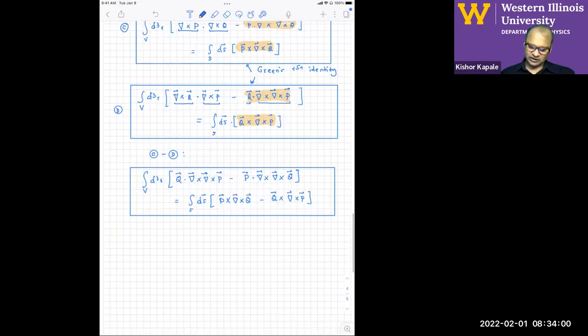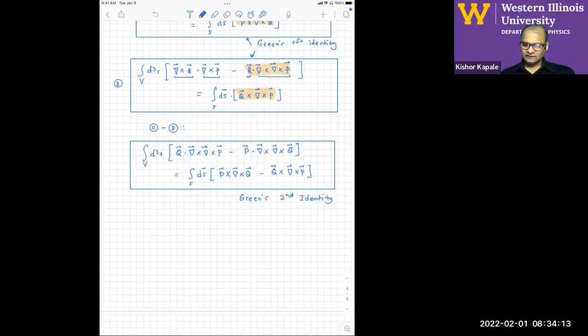And you have two of those because you had two fields. And then Green's second identity in the case where you have two different vectors. Okay, so that's how that process sort of works. Any thoughts, questions at this time? So we will use those later.